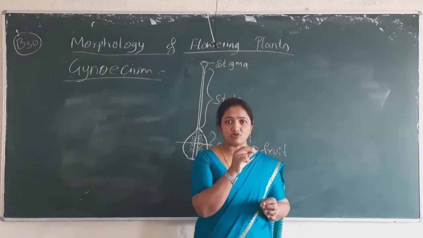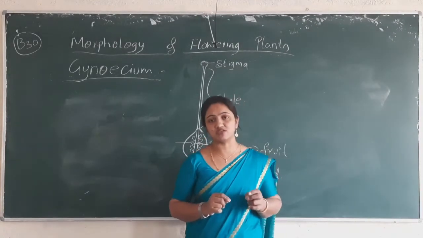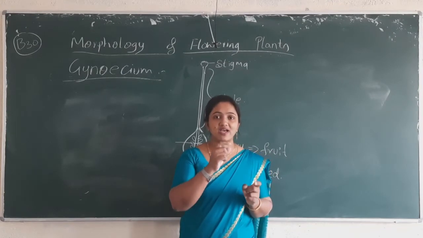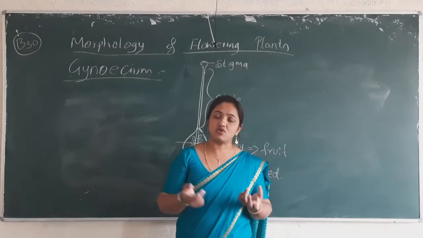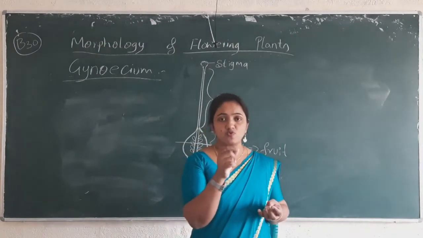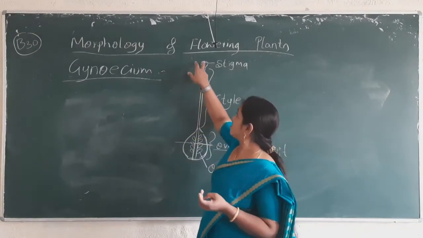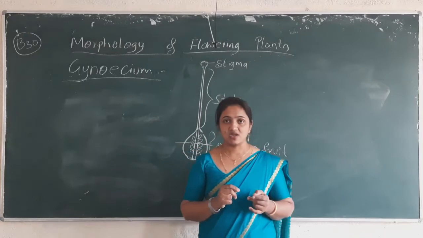That powdery or yellow colored dust is nothing but pollen grains, my dear students. Those pollen grains have to travel from one flower to another flower, or within the same flower. If they sit on the stigma, fertilization occurs.